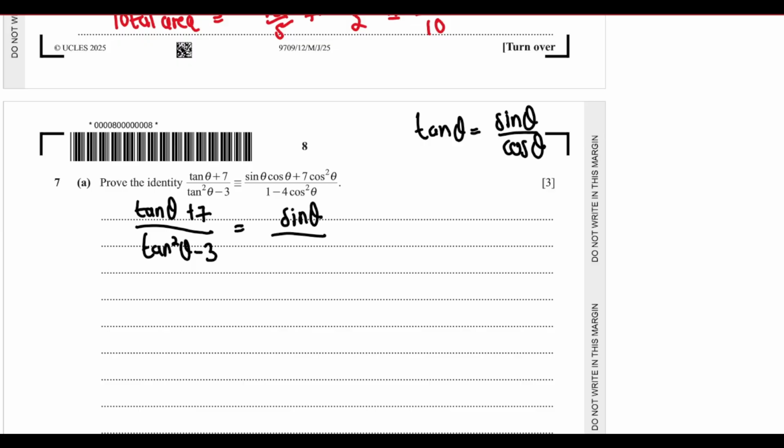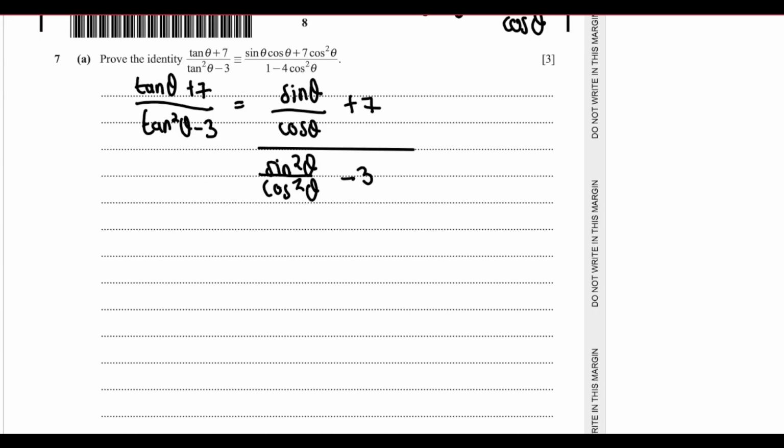Sin over cos plus 7, all divided by tan squared. That's still sine squared over cos squared. Okay, let's get common denominators at the top and at the bottom.